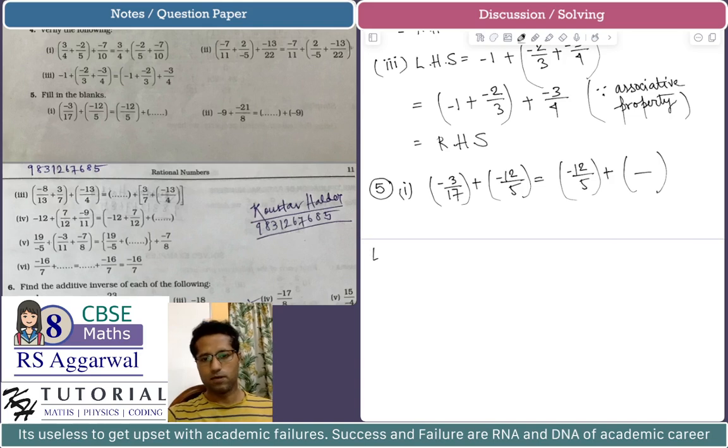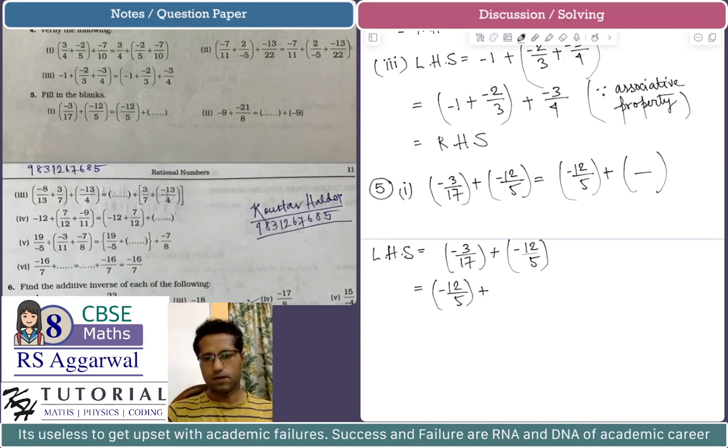Now you can solve like this. You can say LHS is equal to minus 3 by 17 plus minus 12 by 5. Now you can say this as minus 12 by 5 plus minus 3 by 17. Why can you say this? Using the commutative law.